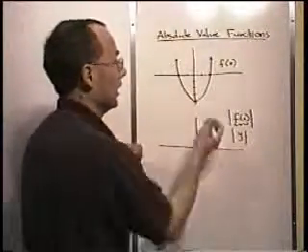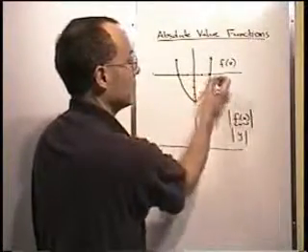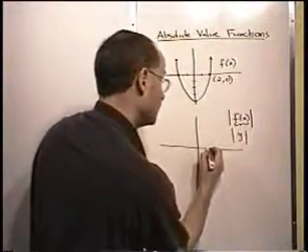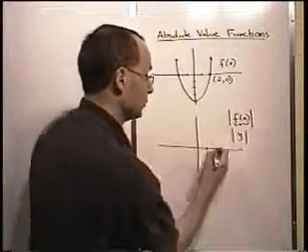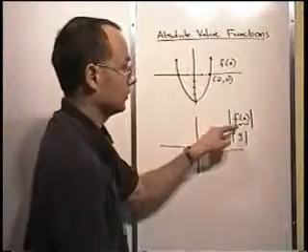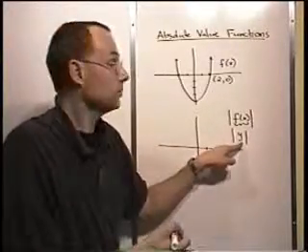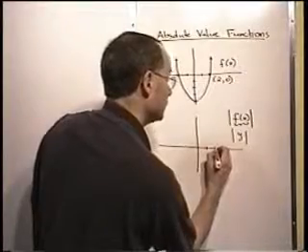For example, this point here is (2, 0). When we get down here, that point is not going to move, because when x is 2, its y value is 0, and the absolute value of 0 is 0. So that's an invariant point.